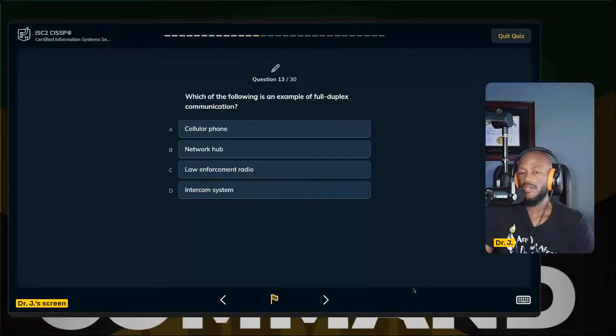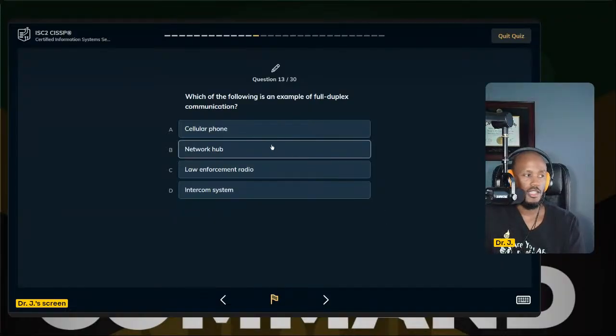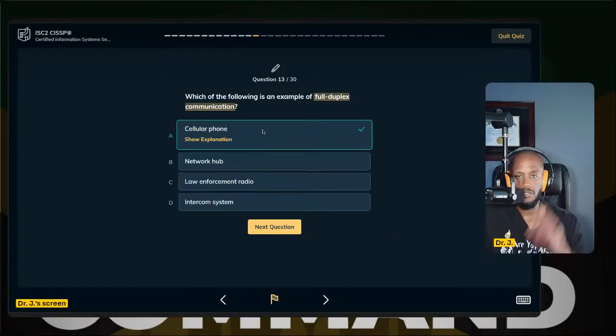Which of the following is an example of full duplex communication? Send and receive: a cellular phone. Law enforcement radio is half duplex because you have to hold the receiver. Yeah, it should be cell phone. Intercom is only simplex because there's only one way; you can't respond back.